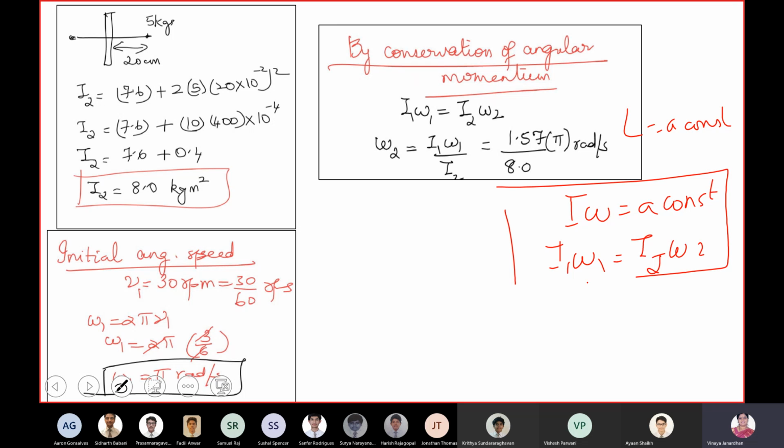So these are all the formulas which you have to use from the law of conservation of angular momentum. I omega is a constant, or I can say I is inversely proportional to omega, or I1 omega 1 must be equal to I2 omega 2. So you can calculate your omega 2 over here.